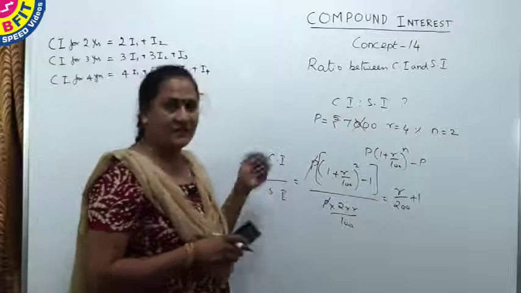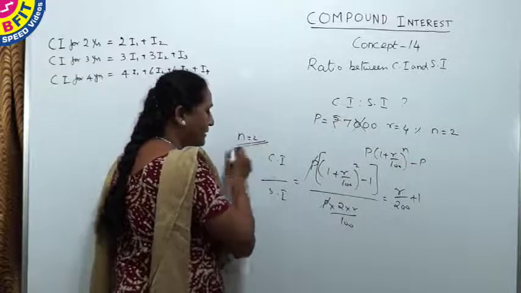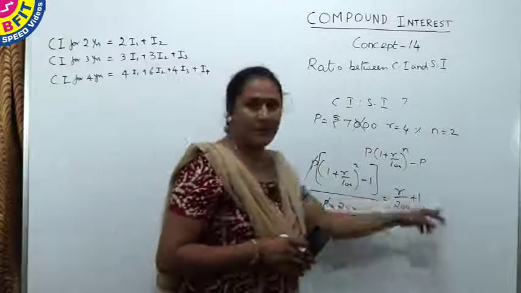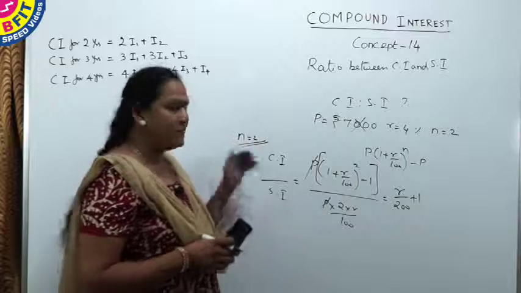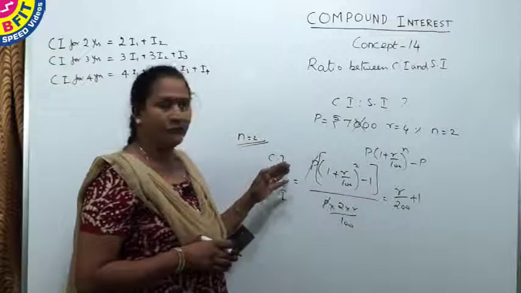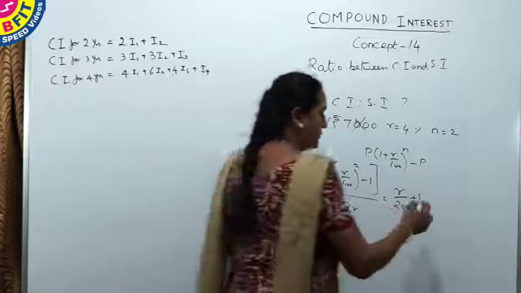When the ratio between CI and SI is asked for 2 years, and note that it is only for 2 years, just using the ratio R by 200 plus 1, you can get the ratio between CI and SI. No need to use the principal, no need to find the compound interest or simple interest. So this will be very useful.